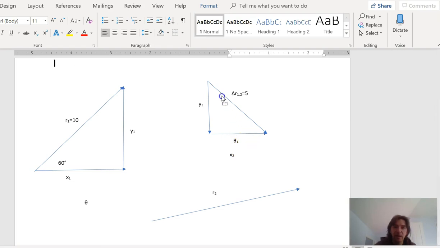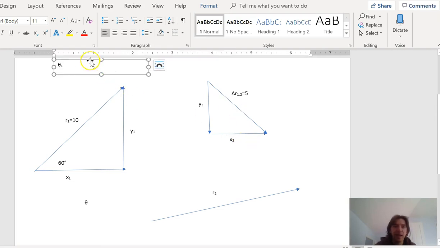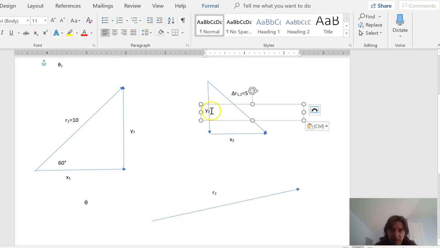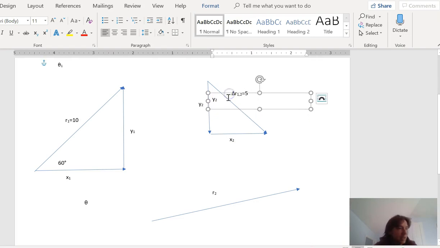So I got an angle in this triangle. We often use the Greek letter theta for angles. Let's say we have an angle of 30 degrees in this triangle.